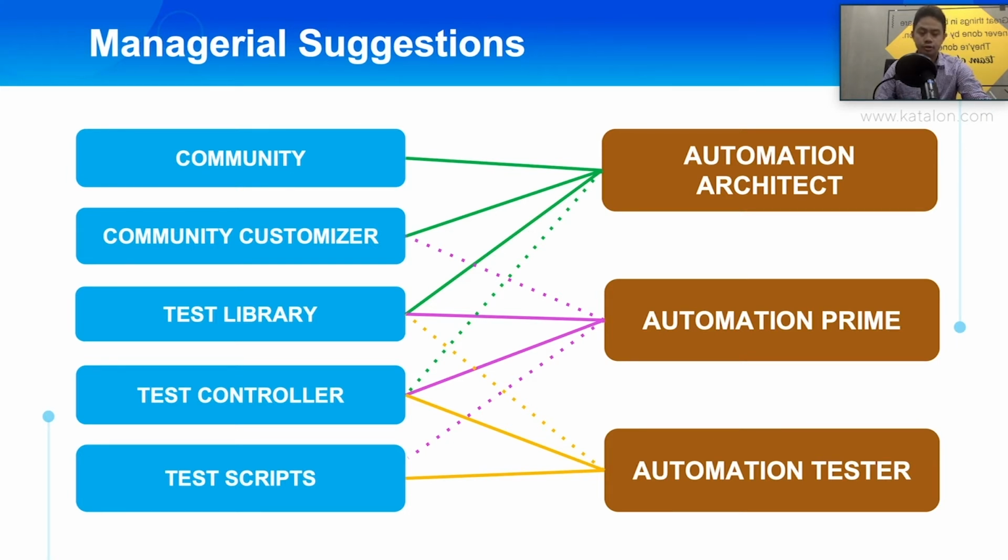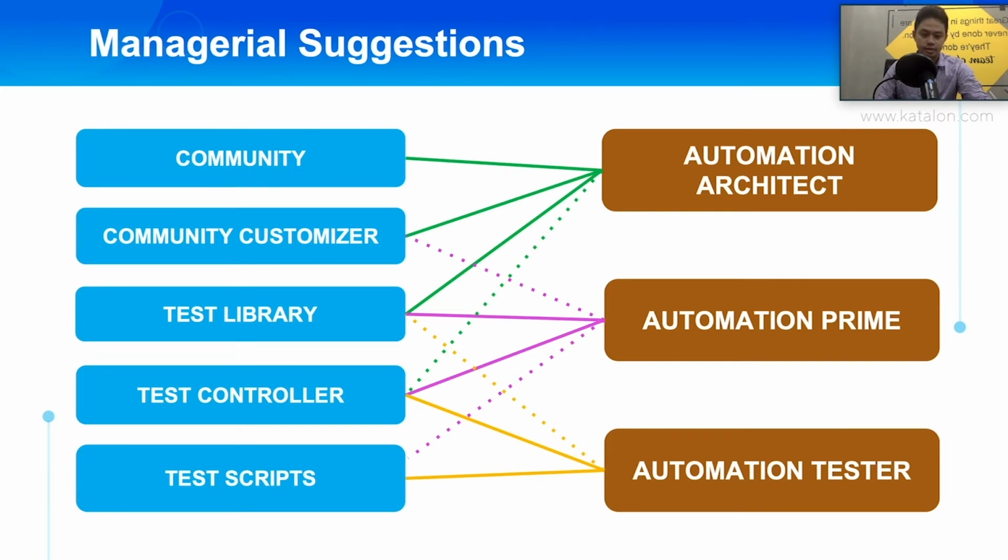So with such a distribution approach, we believe that firstly we can utilize the skill set of people to the max. Secondly, when we have roles separated on the things that they need to work on, we make sure that people with enough skill set touch the core of the automation platform.